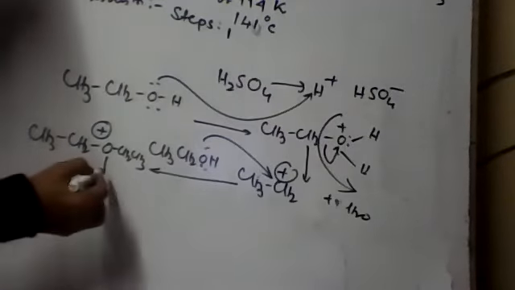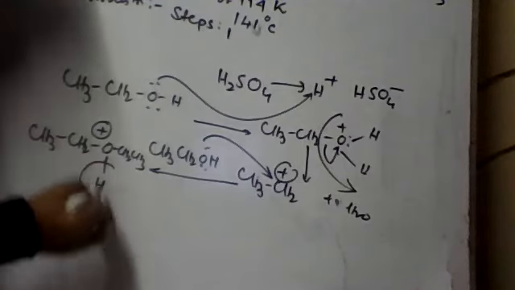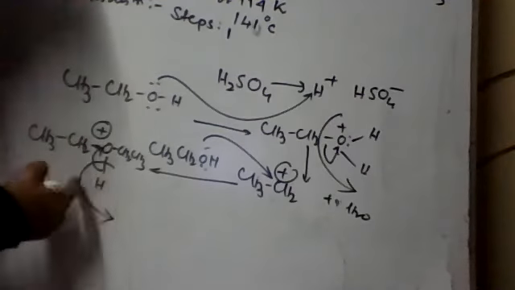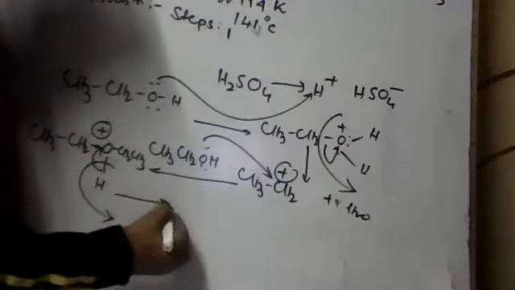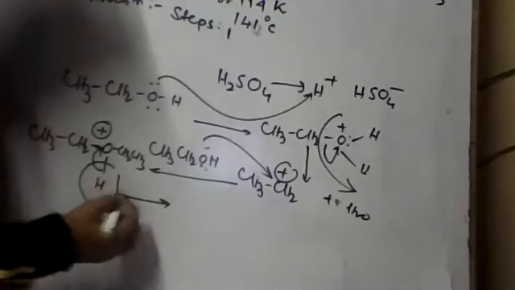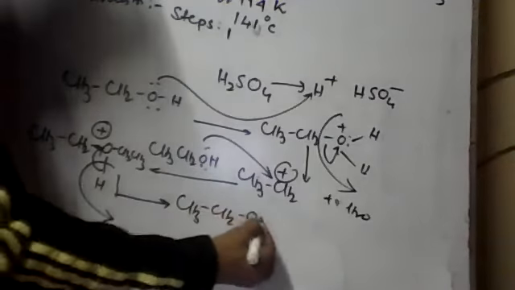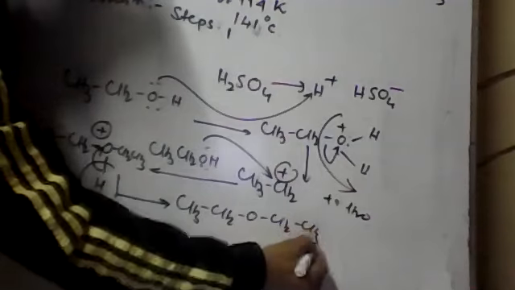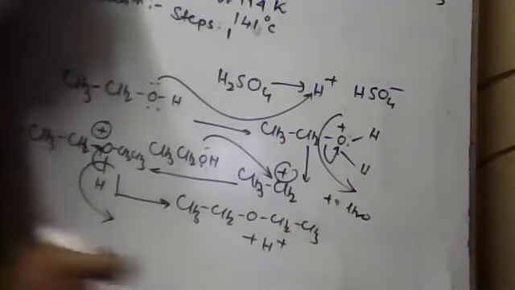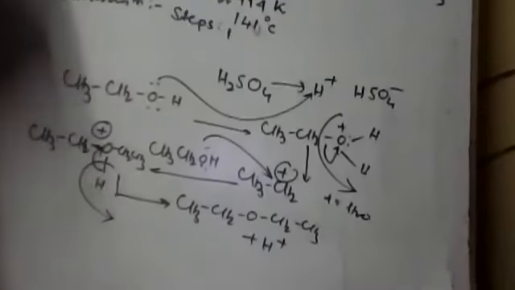The last step is elimination of proton, and it gives ether, CH3CH2OCH2CH3, plus H plus.